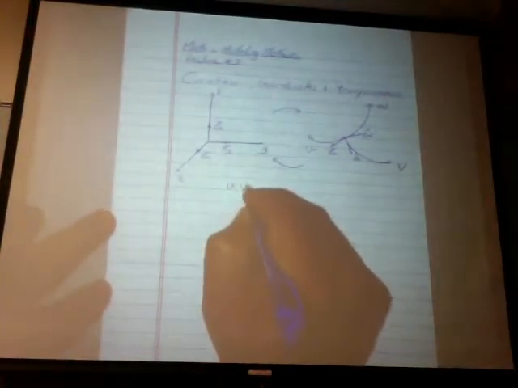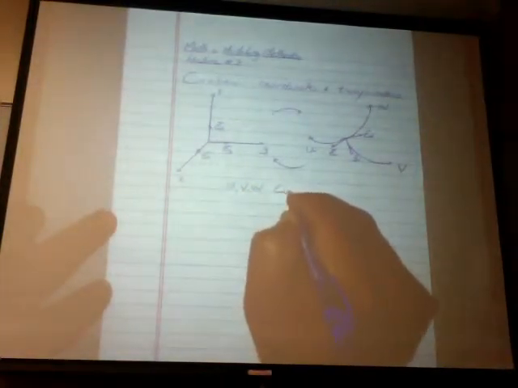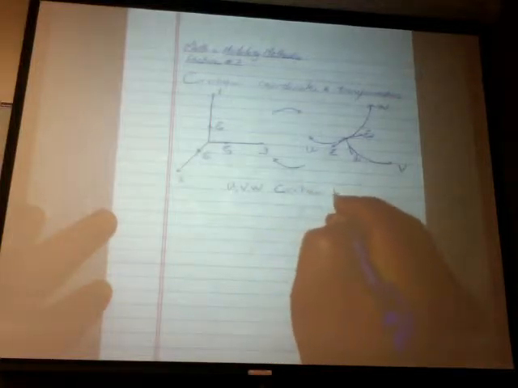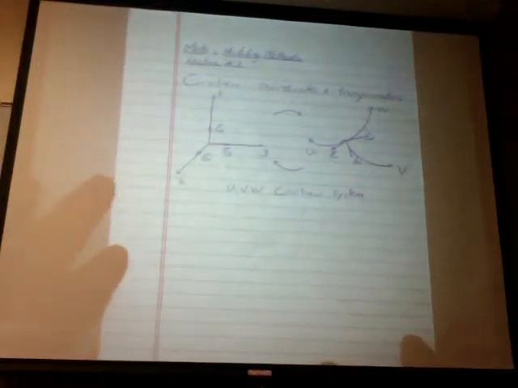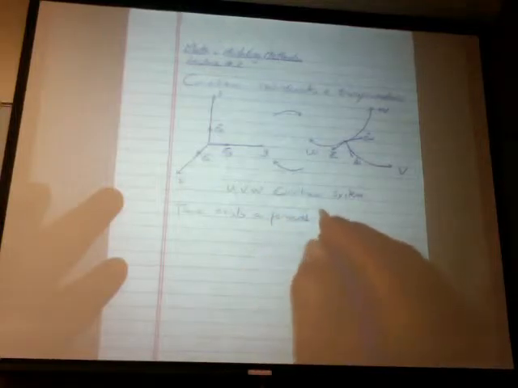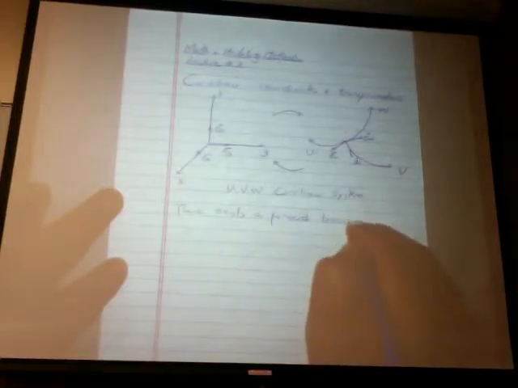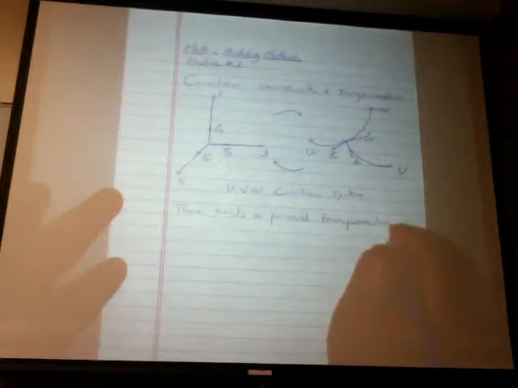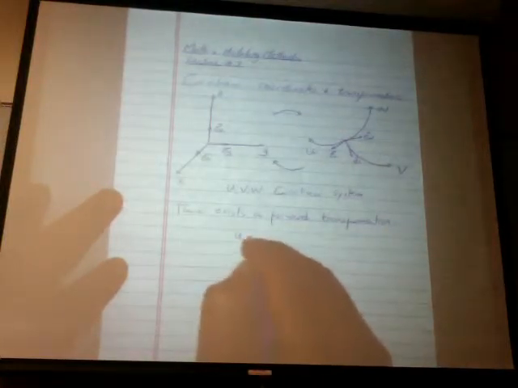This system may or may not be orthogonal, meaning that all axes are perpendicular to each other. We call this u, v, w system a curvilinear system. And there exists a forward transformation, meaning that u can be expressed in terms of x, y, and z.